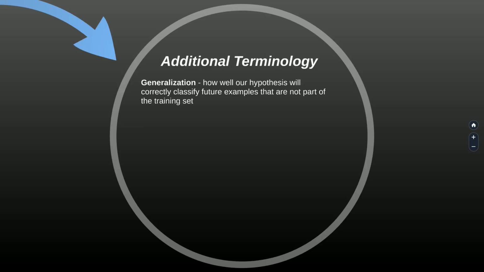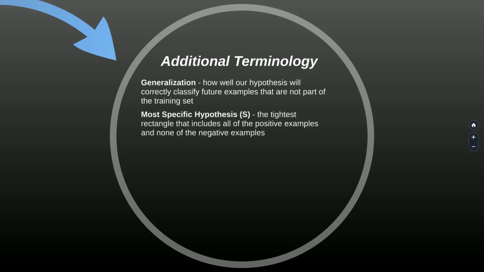So generalization, or how well the algorithm generalizes, is about how well it can do on additional data that wasn't a part of the training set. Sometimes you can train algorithms that will learn the training set very well, but they'll actually overfit the data and won't generalize to new inputs.